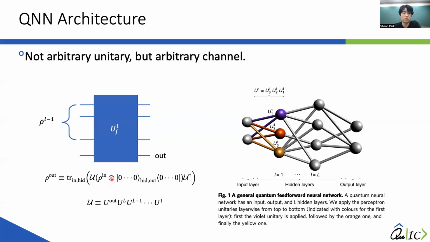So here we have an input state and some output qubits with output and hidden qubits, which should be initialized into something, and we apply this neural network layer like this, and trace out the hidden and input qubits. Then we should get the output state.